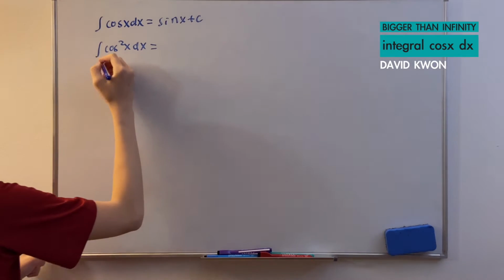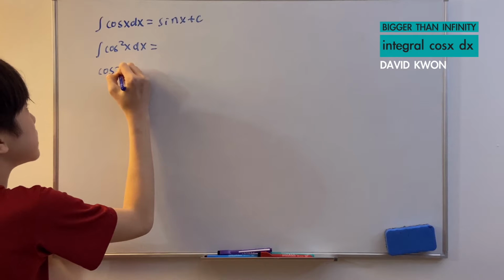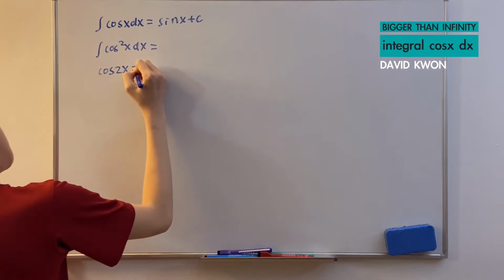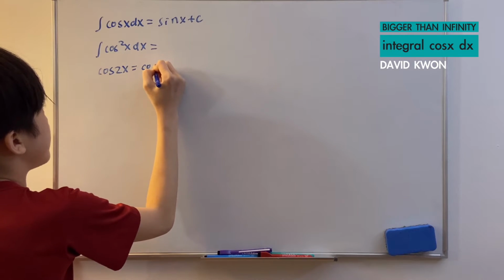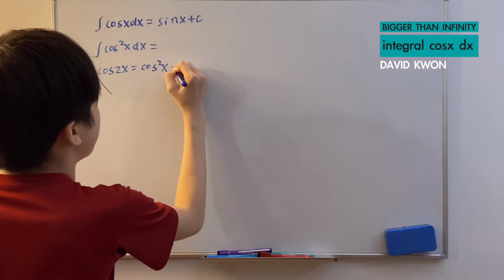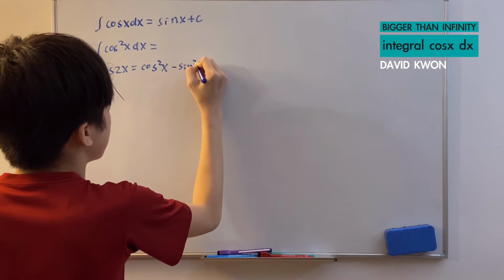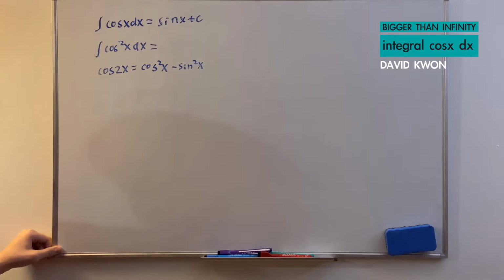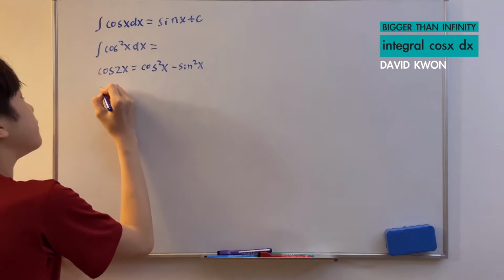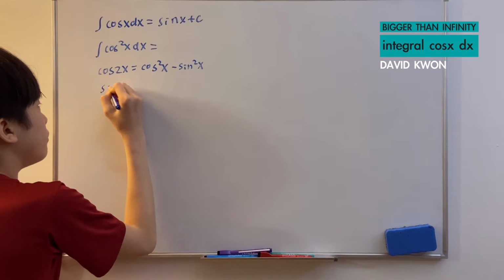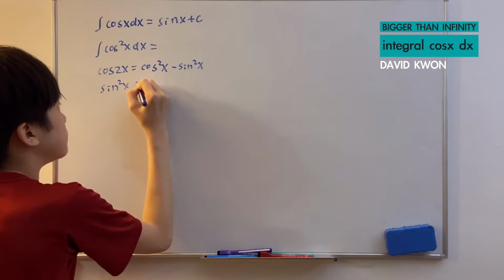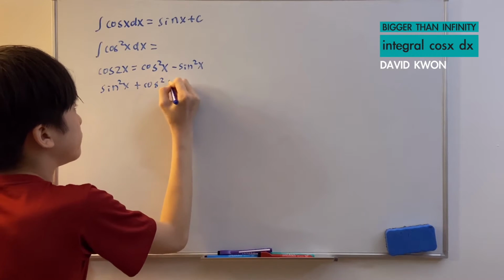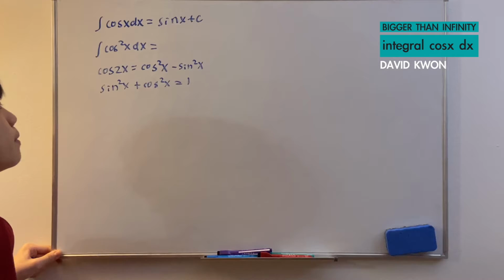Well, to do this, we need to use the formula cosine 2x, which is equal to cosine squared x minus sine squared x. We will use another formula, which is sine squared x plus cosine squared x is equal to 1.